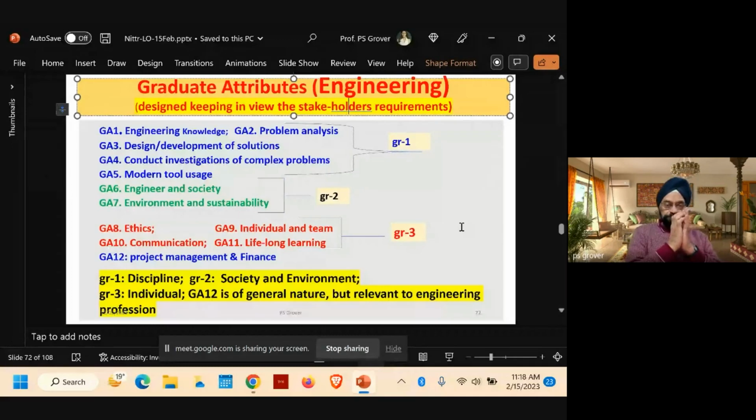The student has qualified a program. He is now entering into life. What should be his learnings? Outcome-based education says he should be a holistically developed individual.